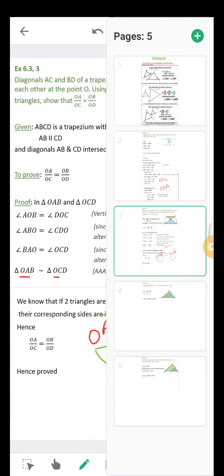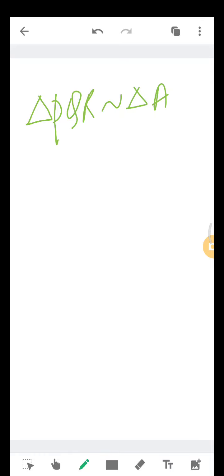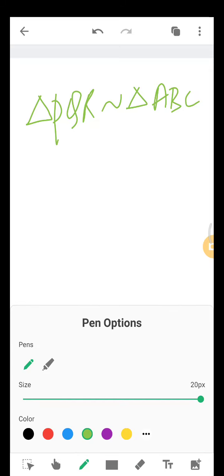Let's practice writing the corresponding sides of similar triangles. Imagine you have two triangles, say triangle PQR similar to triangle ABC. What are the corresponding sides in these triangles?